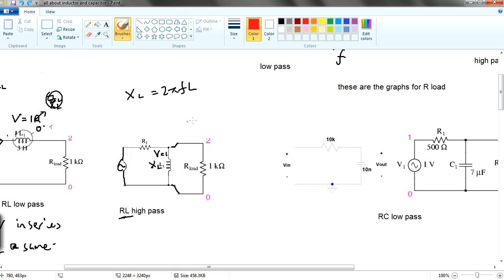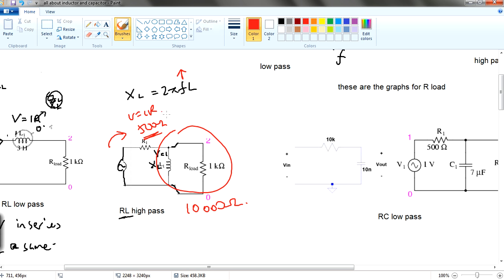So if the frequency increases, now everything changes. Let's say the reactance for this was previously 500 ohm, and now this inductor goes into Super Saiyan mode and becomes 10,000 ohm. Then this resistor is mild, right?